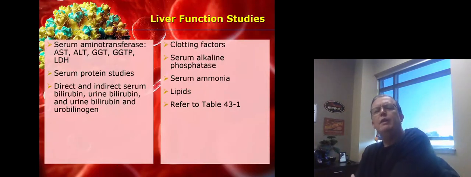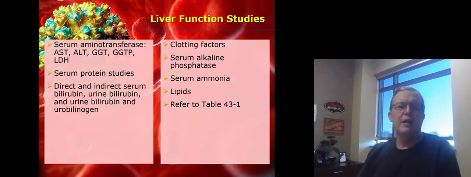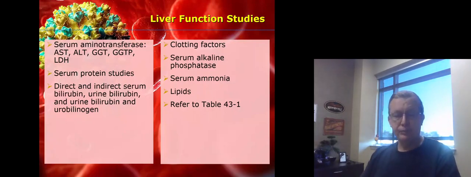There are several liver function studies out there with which I'd like for you to be familiar. Not that I necessarily want you to remember all of the ranges for these tests, but when you see them, you should recognize that they are telling you about liver function.